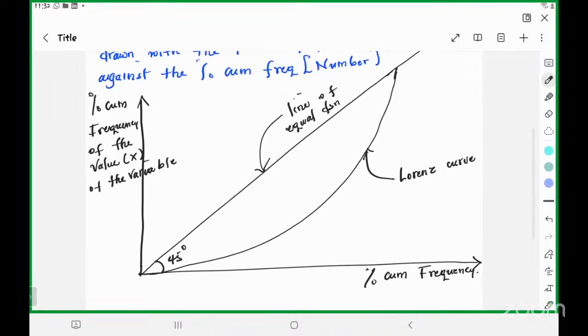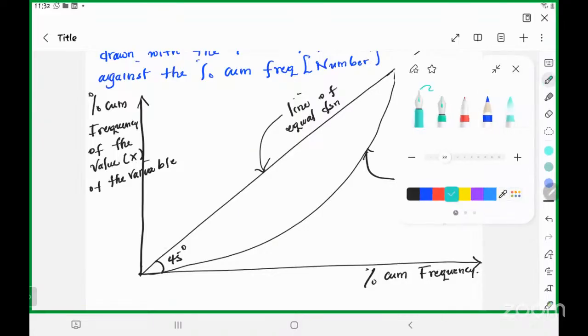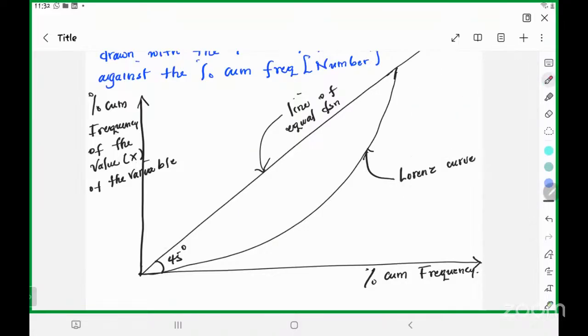Now, if there was an interpretation, the closer the curve is to the line of equal distribution, the more evenly the incomes are distributed within the population.